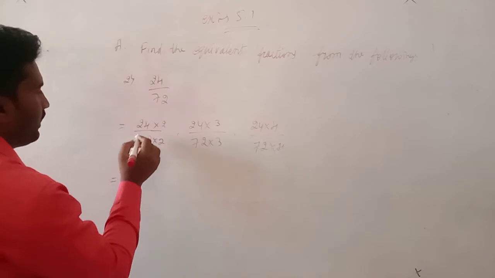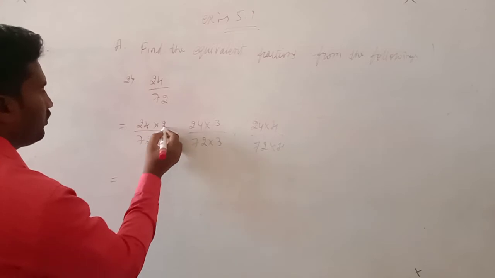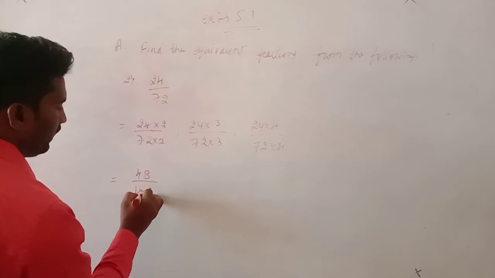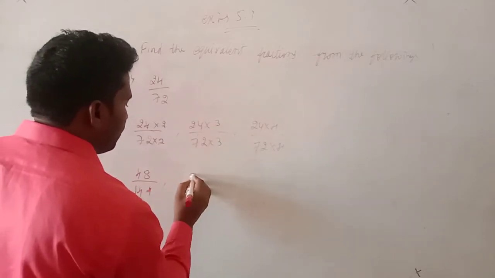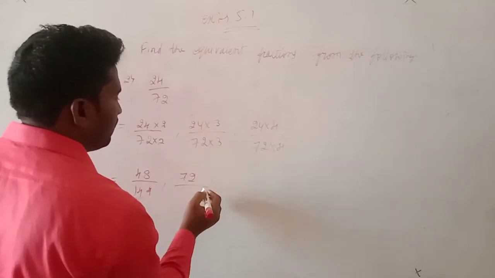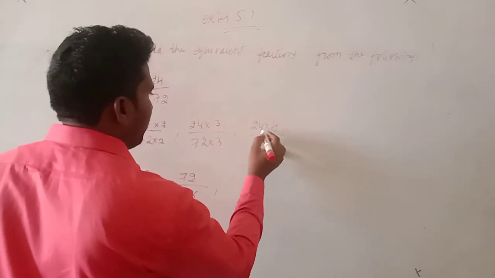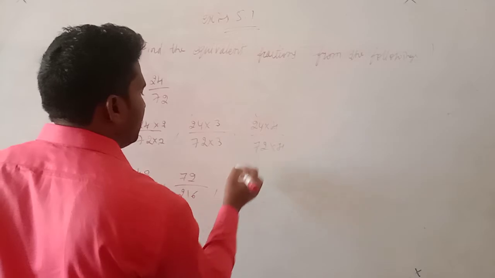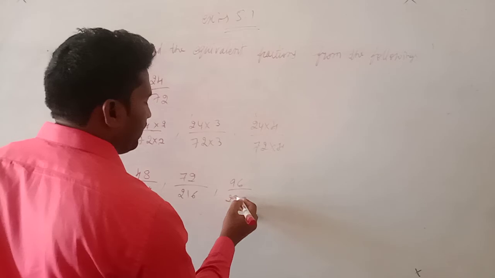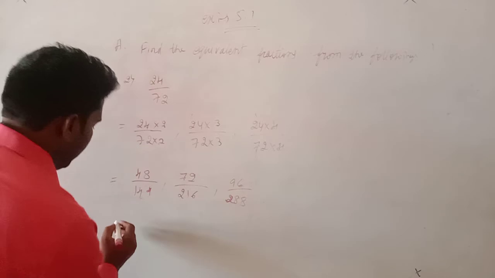So when multiplying, what will we get? 24 times 2 is 48, 72 times 2 is 144. 24 times 3 is 72, 72 times 3 is 216. 24 times 4 is 96, 72 times 4 is 288.